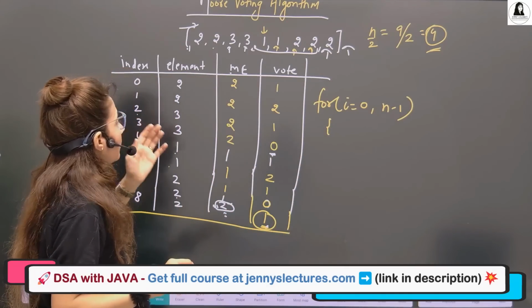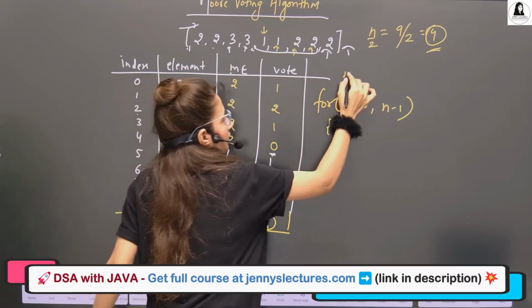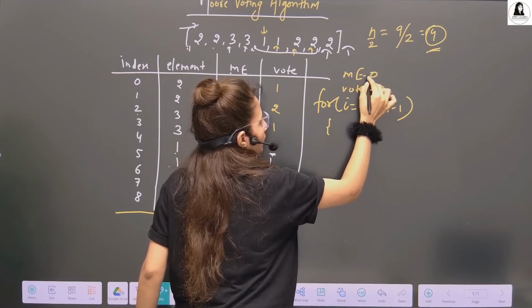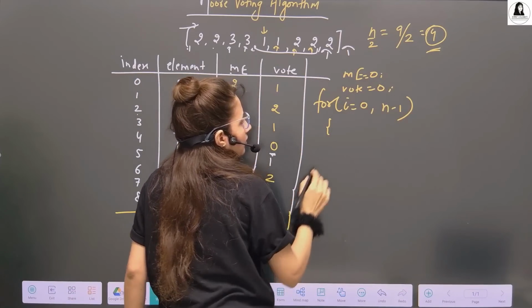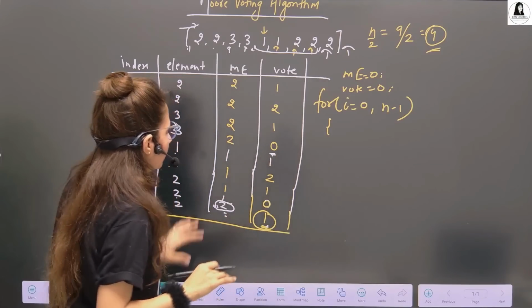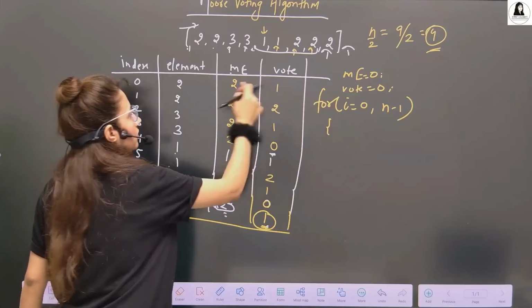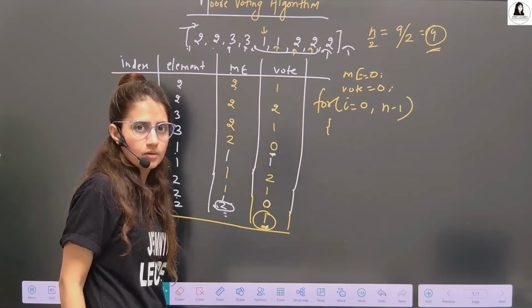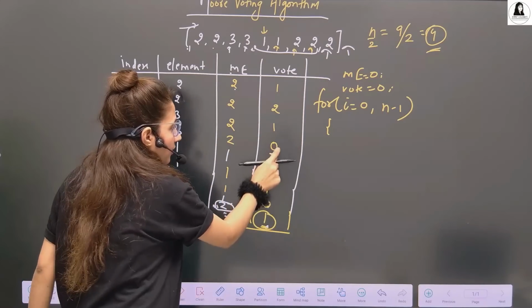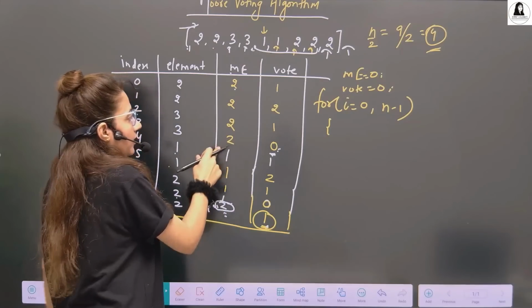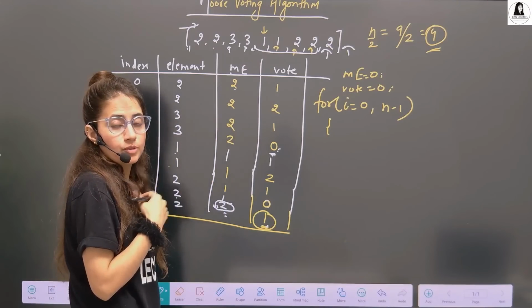Right. Now let's consider at first the majority element was 0 and vote or count will also be 0. But we'll not simply say the majority element is equal to the first element. No. Whenever the count or this vote is 0, then only whatever the current element is, that would be the majority element.